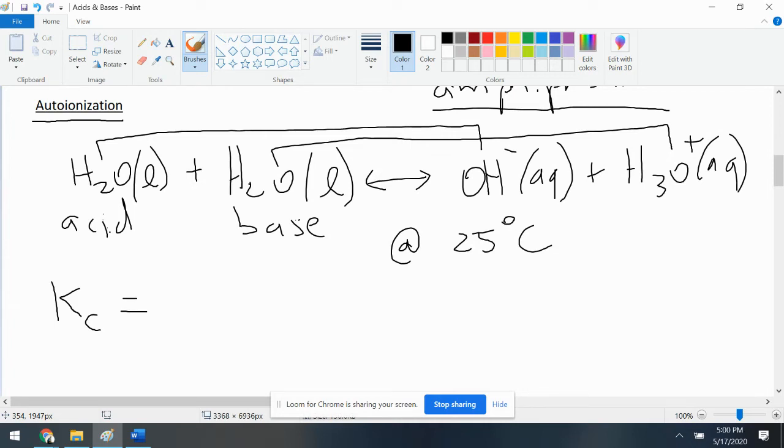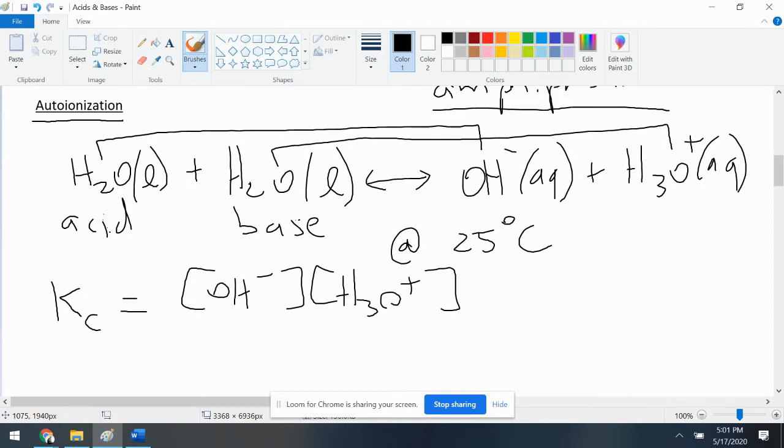So my products on the right side: the concentration of OH minus, your hydroxide, times the concentration of H3O positive, which is your hydronium ion, over your reactants. However, I'm not going to include my H2O liquid, because for liquids and solids, you don't want to include them in your expression, because they're considered constants.